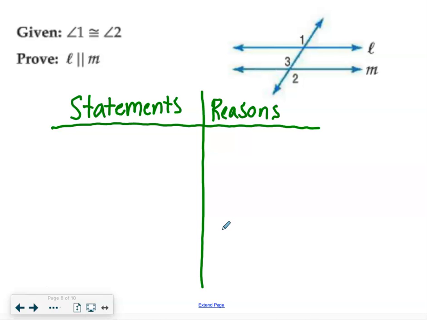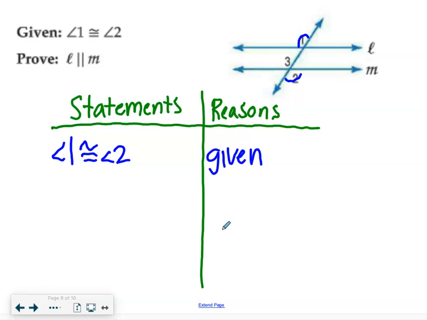Alright, where do we start? Given. So if angle 1 is congruent to angle 2, what do you guys think? What kind of angles are those?